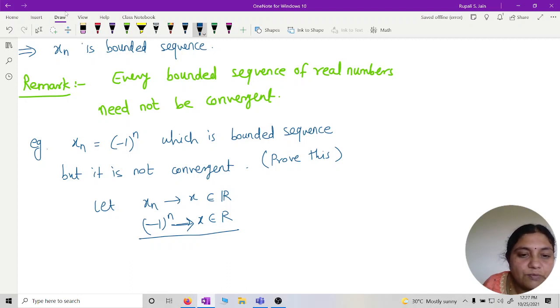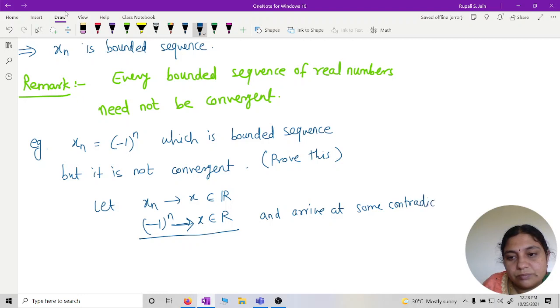Use the definition of convergence. So today you think on this, and if you don't get it, I will tell you. Arrive at some contradiction. This is a hint.